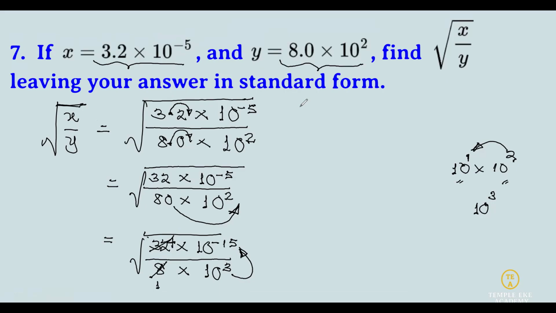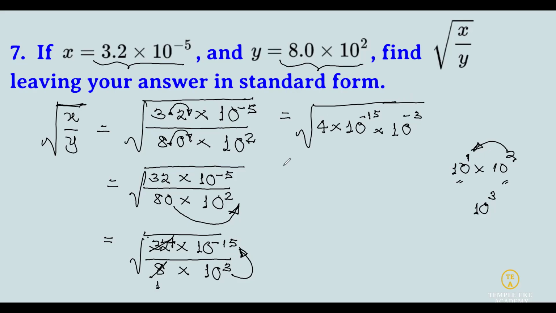If we may continue at this point, this is going to give us the square root of 4 multiplied by, we already have in the numerator 10 to the power negative 5, and joining it is 10 to the power negative 3. Can you figure out why it is like this? Of course, 10 to the power 3 moving up, the sign of the 3 will change into minus.